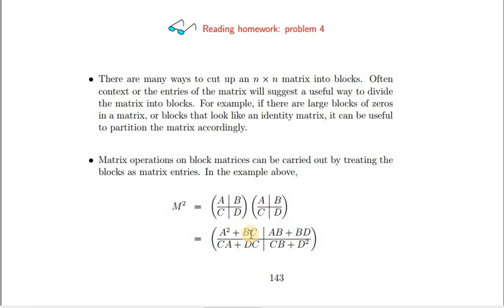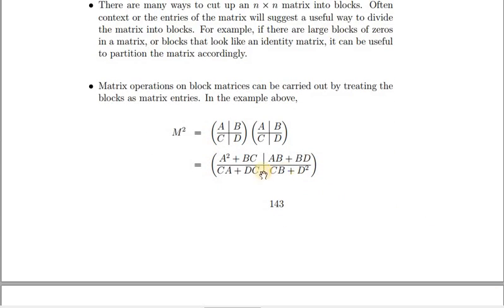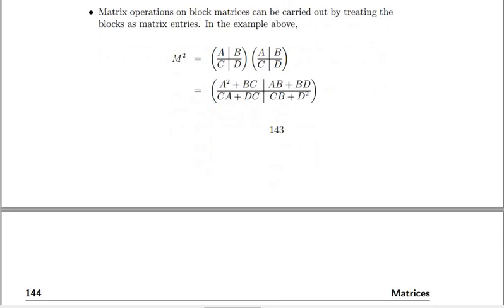And if you work this out, this is the same number you'd get as if A, B, C, D were numbers. Okay, so you basically can divide a matrix up and treat the parts of the matrix as numbers themselves. Now, these matrix products do associate, but they don't commute. But still, you can compute these results block by block.